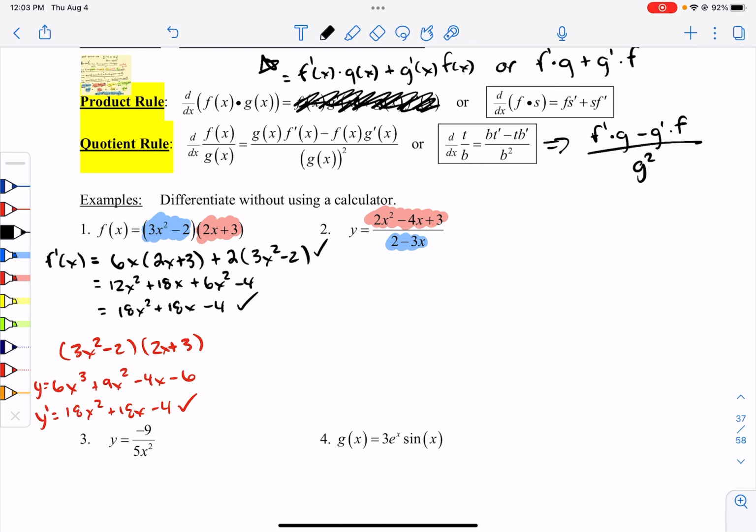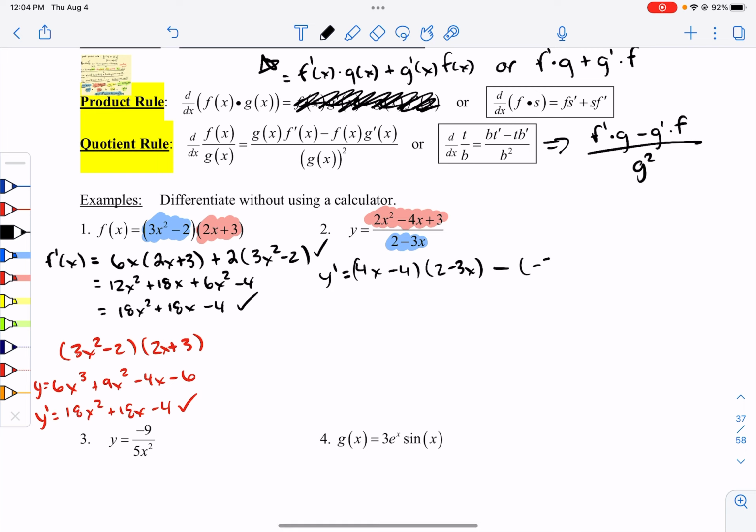So my formula says f prime. So y prime is equal to 4x minus 4 multiplied by the bottom, 2 minus 3x. Then I have to subtract the derivative of the bottom, which is what?